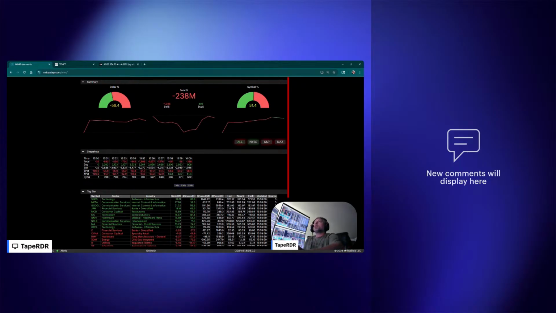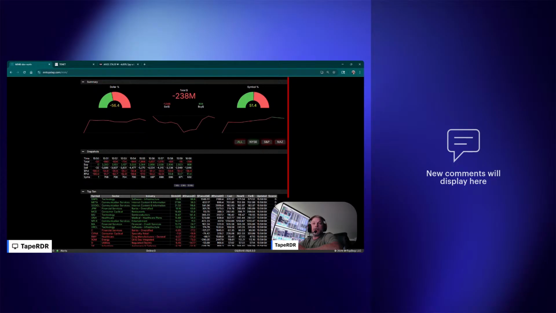Back in the day, MOC was very much handled by what they called specialists for that particular stock. It was manually done, but these days they use the computers. So the computers are pretty quick about doing the print. That being said, the information is publicly disseminated.